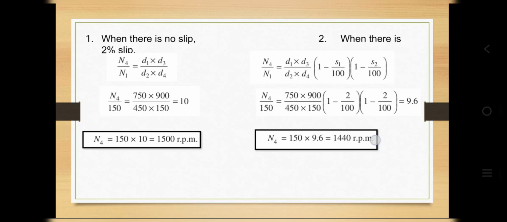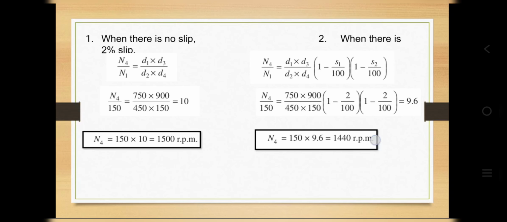When there is no slip, we use the formula N4 divided by N1 equals D1 into D3 divided by D2 into D4. We have to find N4.